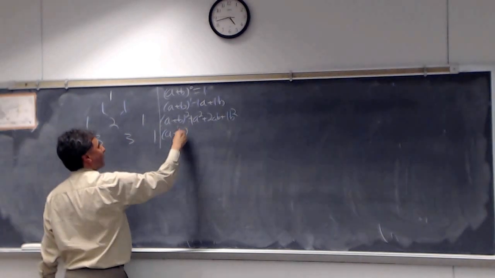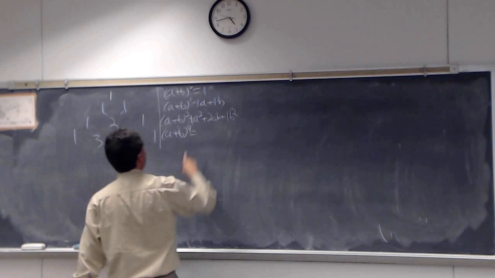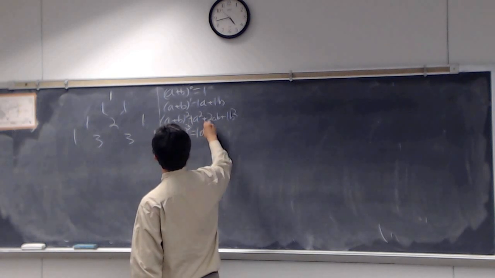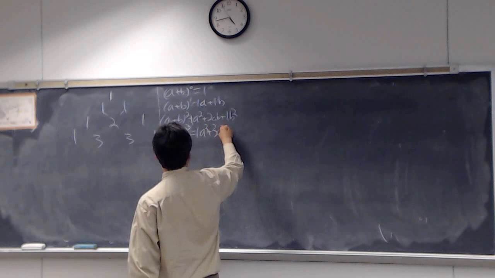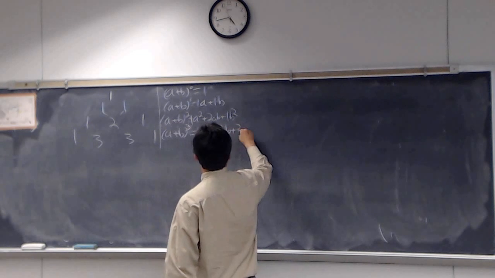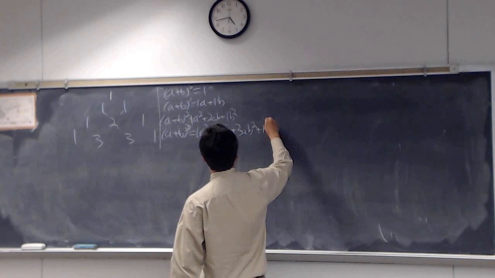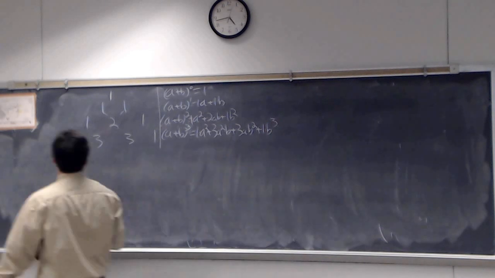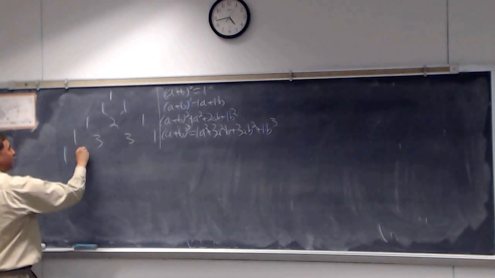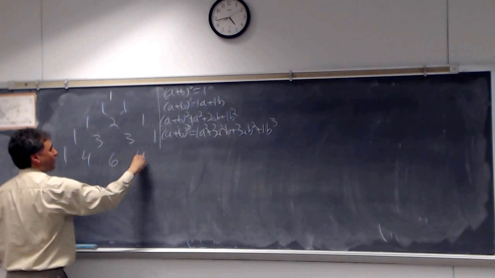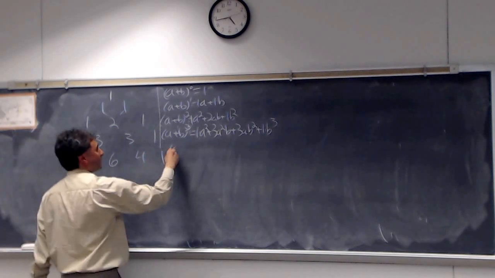So (a+b) to the 3rd would be 1a cubed plus 3a squared b plus 3ab squared plus 1b cubed. And again, 1 plus 1 is 4, 3 plus 3 is 6, 3 plus 1 is 4, another 1 down the diagonal.